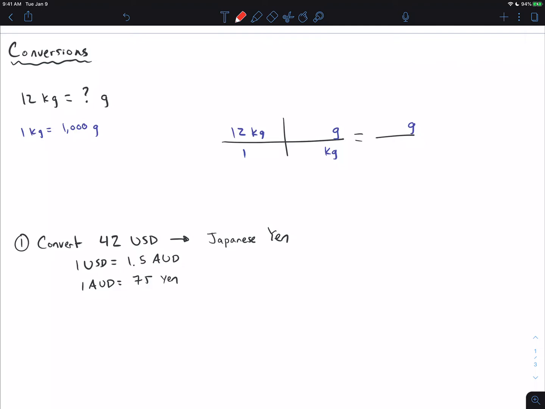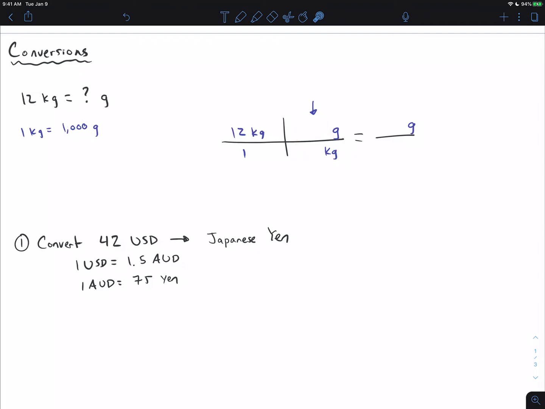So what we're going to do here is I have my setup right here. This is going to be where I'm going to convert. Okay, this is my conversion key. And then what I'm going to end up with is going to go over here. So we're going to use this key right here. This conversion key goes right in this step right here. So all I'm going to do is I'm going to take these numbers where they are, 1 with the kilogram, 1,000 with the grams, and I'm just going to plug them in.